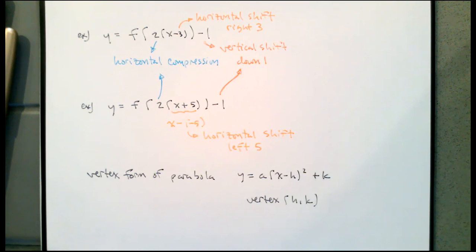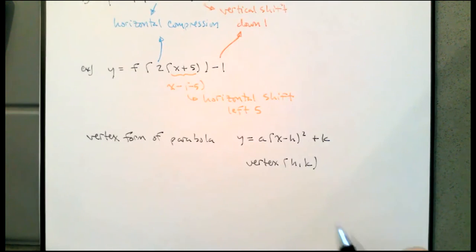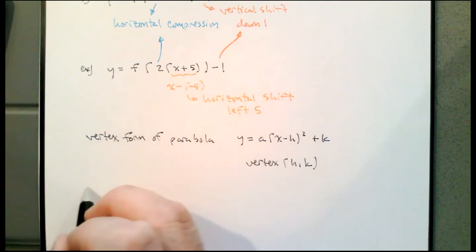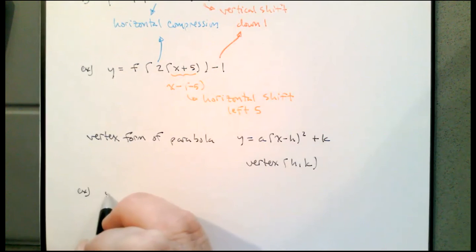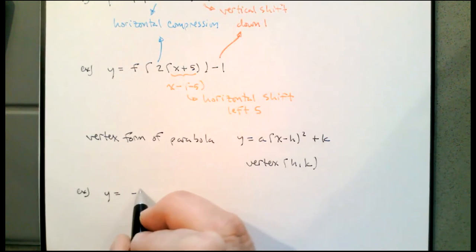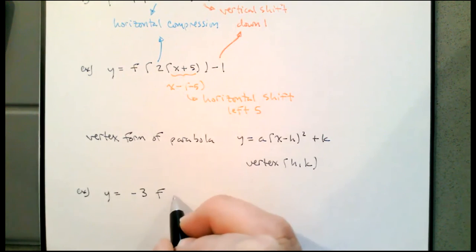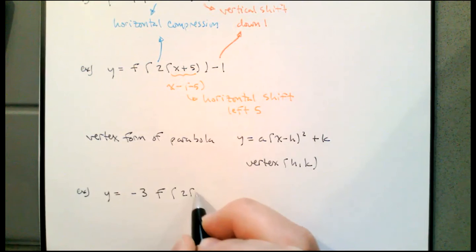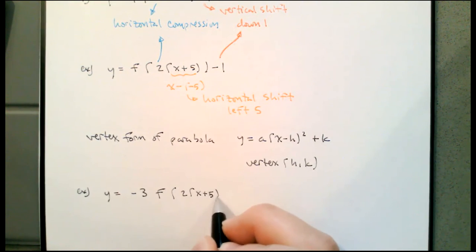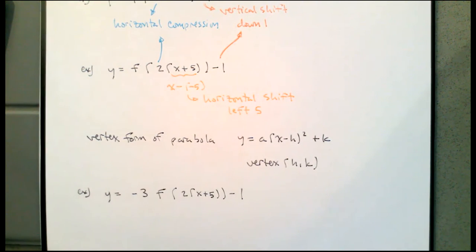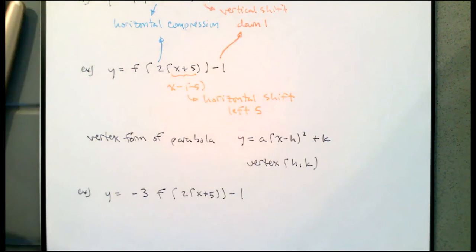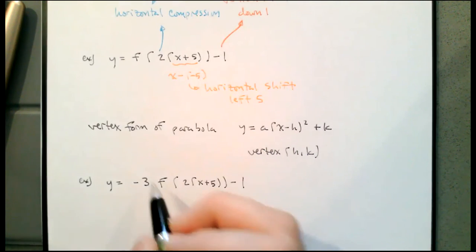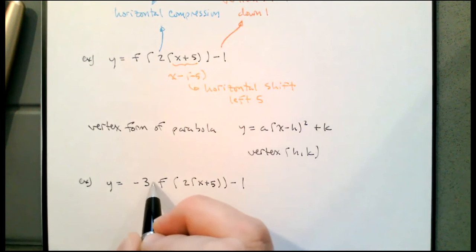Where is that? Oh yeah, a vertical stretch would be multiplication after the function. So I'm going to use this one because I want to use a 3. For example, if y is equal to -3 times f of 2 times x plus 5, minus 1, this -3 would be a vertical stretch because it's -3 times the value of the function.